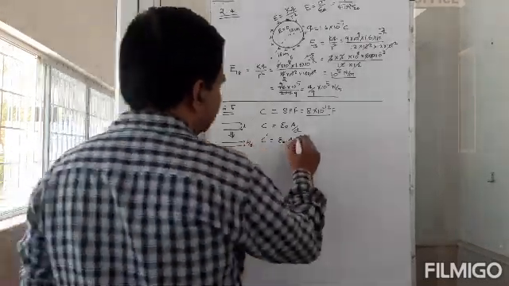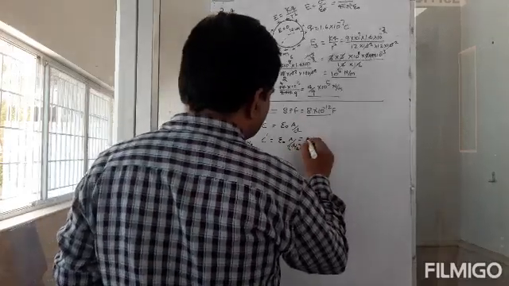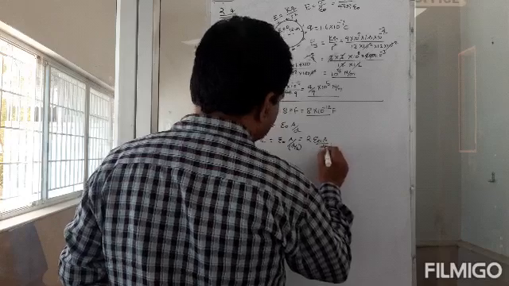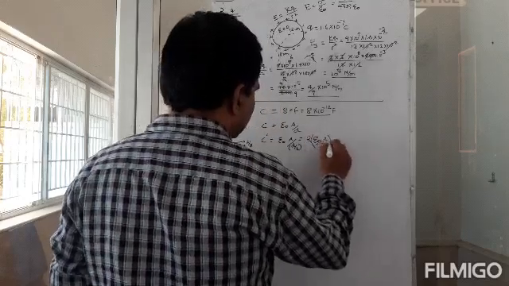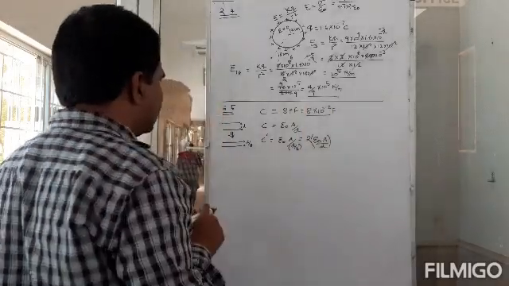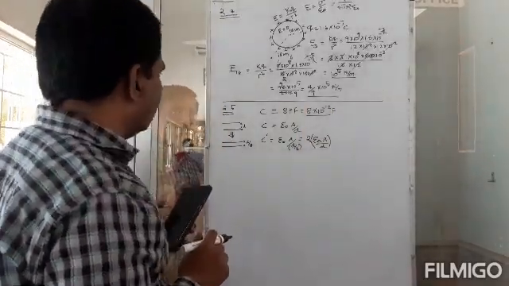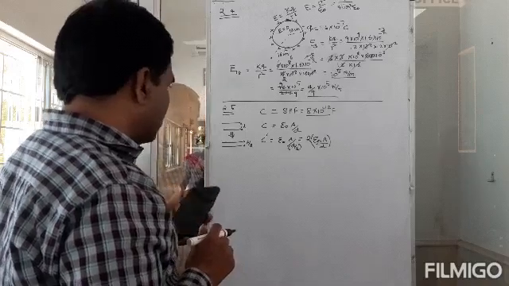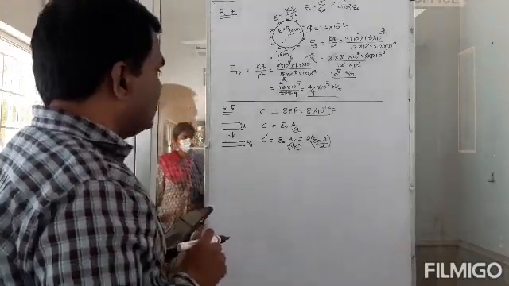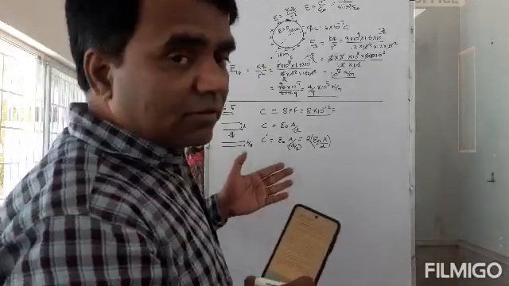Okay, that gives you 2 will go up, so you will have 2 into epsilon naught A by D. But you know this. This for epsilon naught A by D, you have 8 into 10 power minus 12 farads. Okay, as a value.